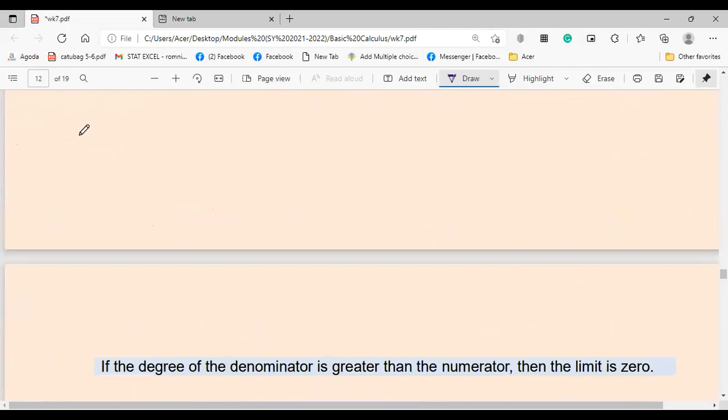If you're going to solve this, let's say, the limit of 7x raised to 4 minus x raised to 3 plus x raised to 2 as x keeps on increasing.